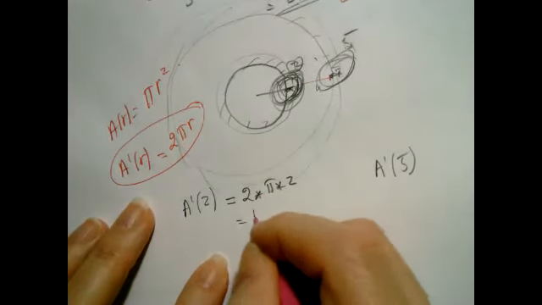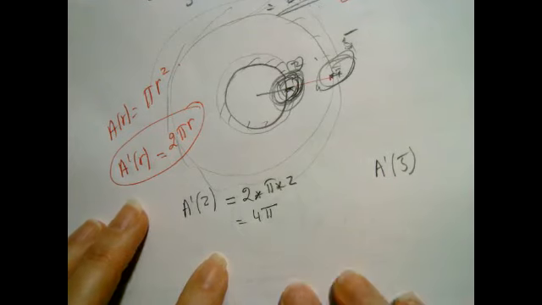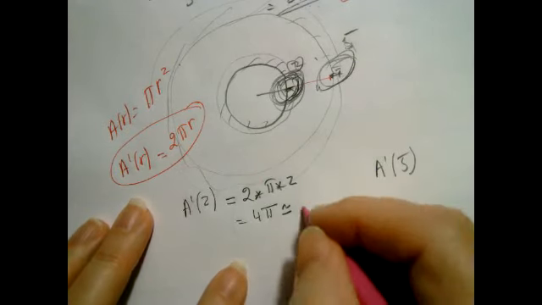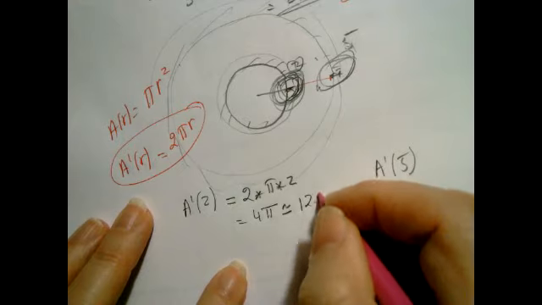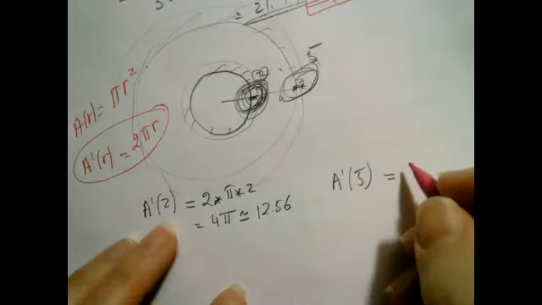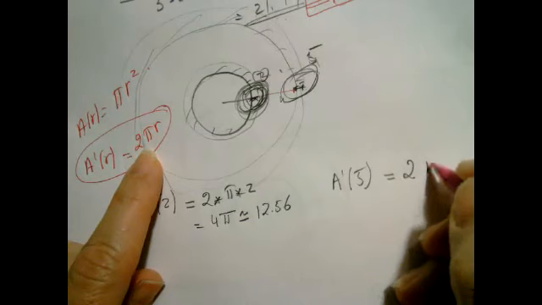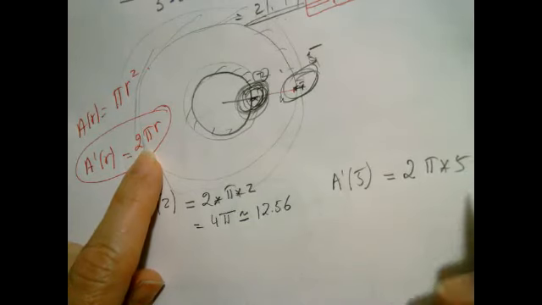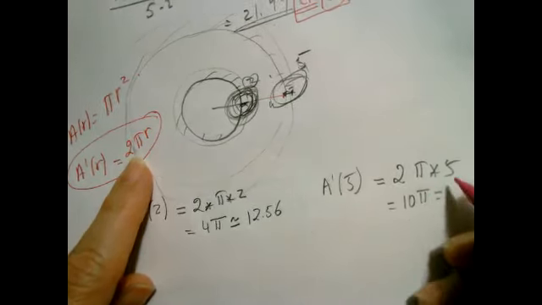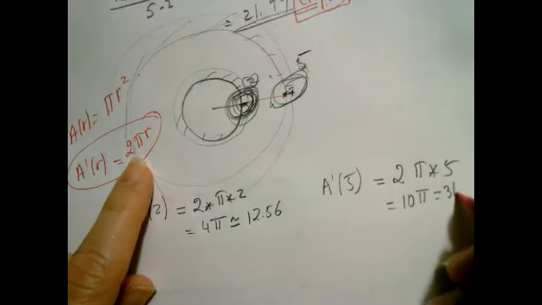It means it is 4 pi, which is almost 4 times 3, basically. It should be like 12.56. And A prime at 5 is going to be 2 times pi times 5, which is 10 pi. 10 pi is going to give me 31.4.